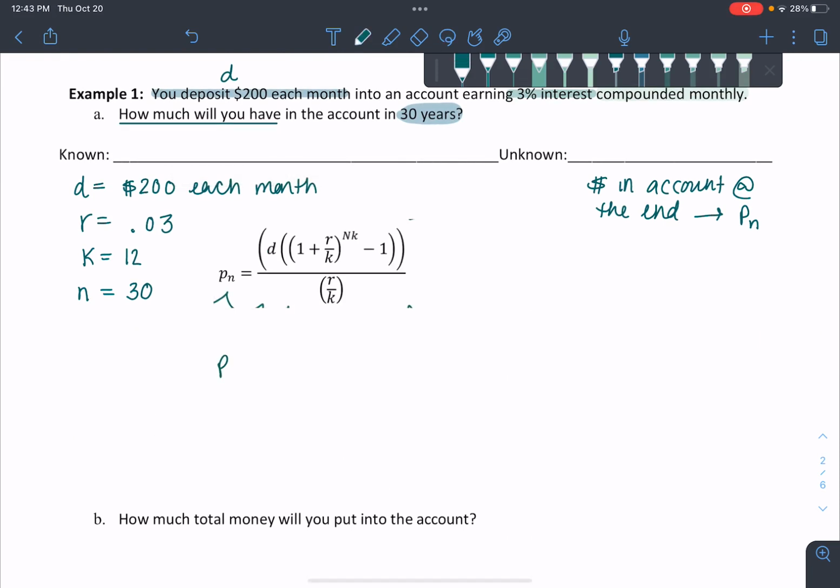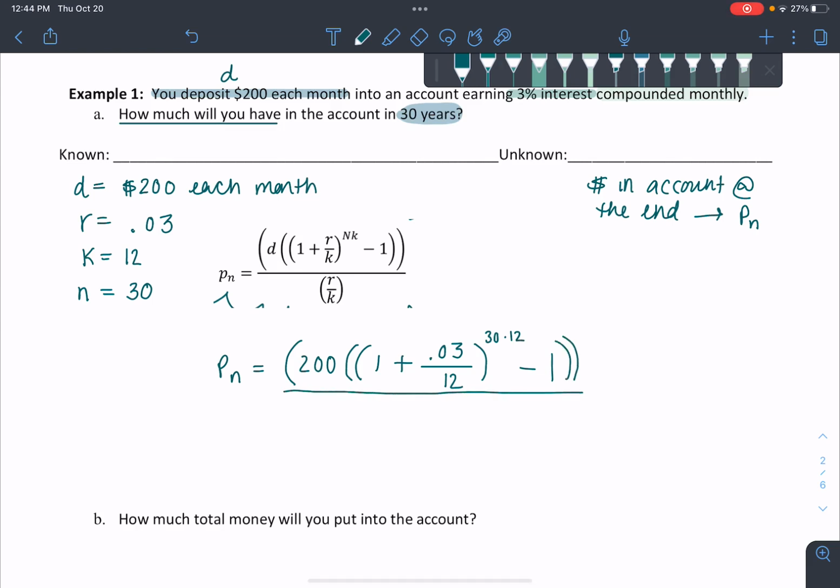So we've got P sub n equals parentheses, and we have a D, and the D is going to be 200, parenthesis, 1 plus r over k, close parentheses, raised to n times k, and then minus 1, close parenthesis, all over.